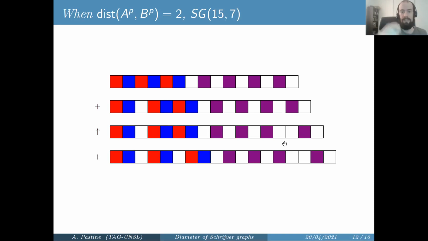We keep applying these operations alternately, first plus, then up, then plus, then up, until we find an SG where the distance between AP and BP is 2 in this case. So here we have the vertex that is disjoint from AP and BP. And now what we are going to do is just go back.